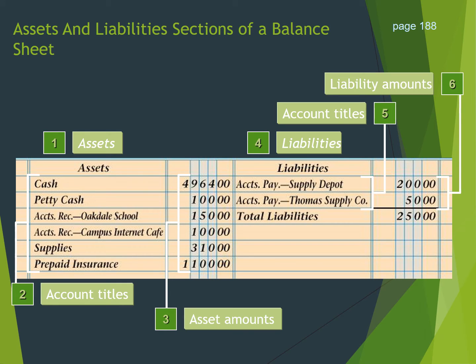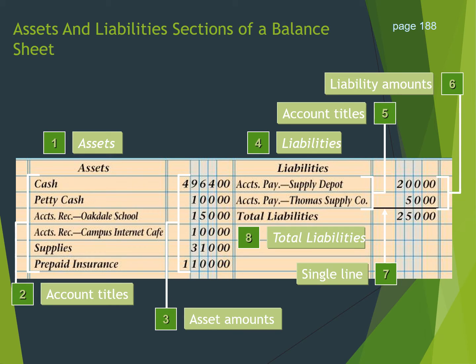We will then determine our liability amounts by drawing a single line showing that we are going to add all of the information above the line. Then we will write the words Total Liabilities, and then we will record the total of the liabilities, in this case $250.